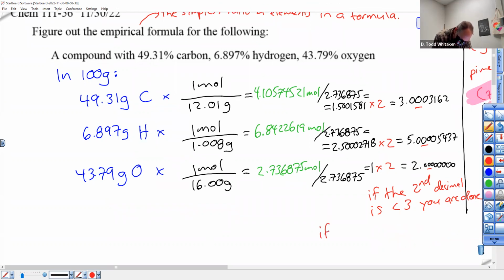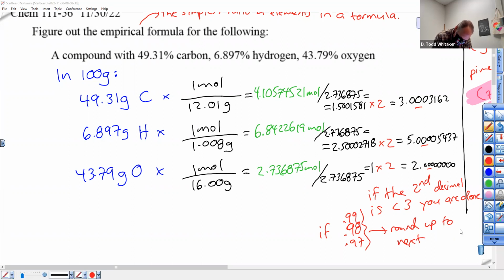If it's 0.99, 0.98, 0.97, or 4.99, round up to the next integer, not decimal.